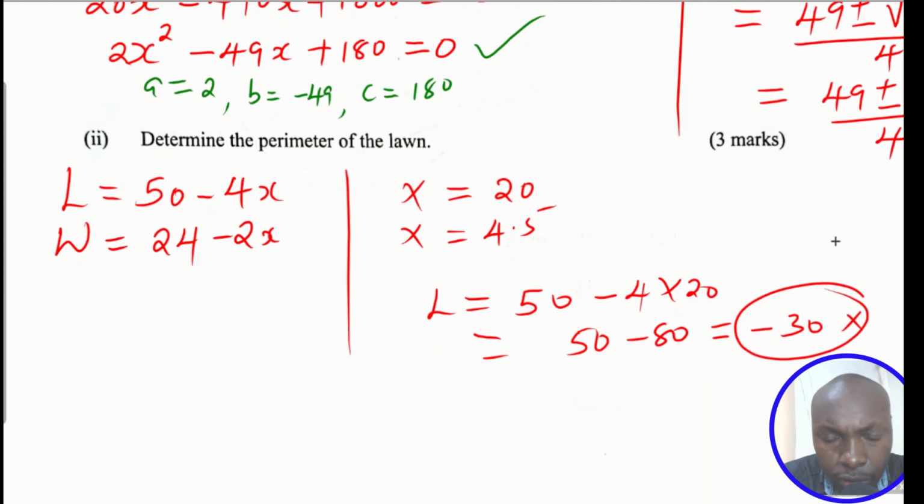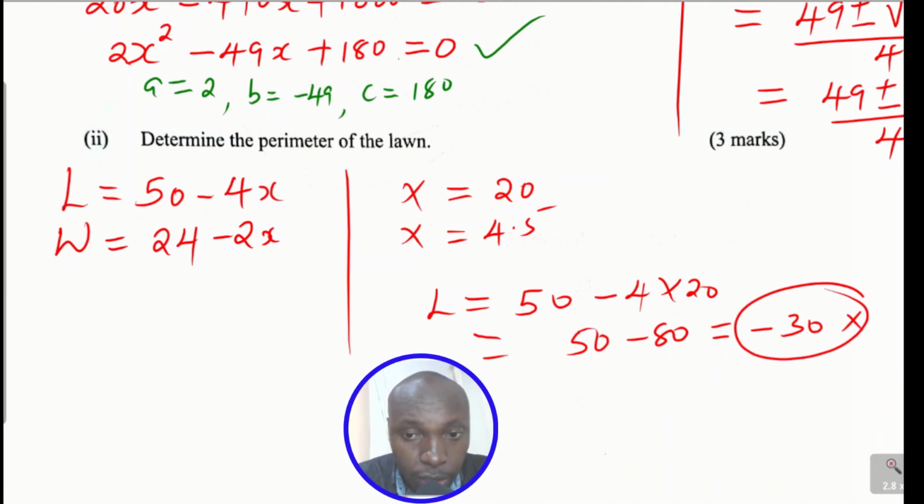So for that reason, you're going to ignore 20, since it is going to give us a negative measurement, which will not be applicable in this question. So we don't have a negative measurement. You're going to use x is equal to 4.5.